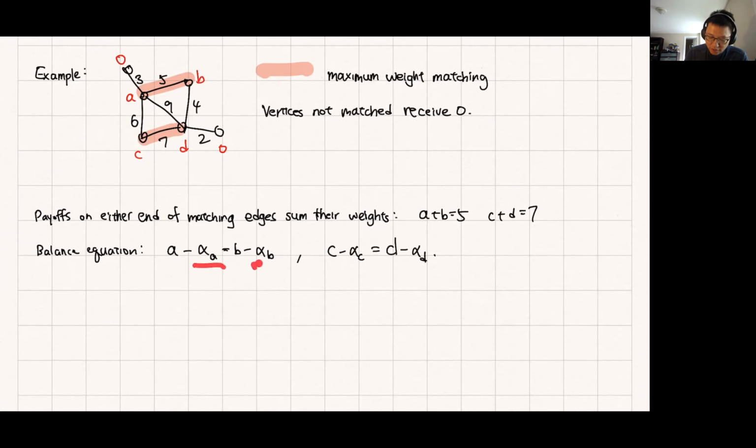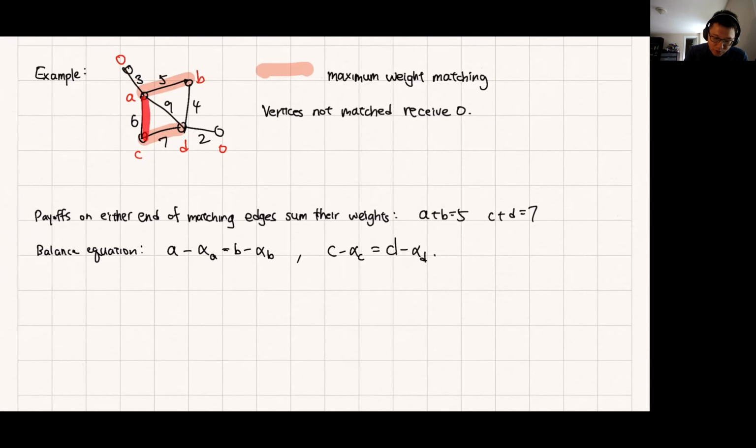Right. And this is where things get a little bit tricky, right? Because these outside options, they do depend on the values of A, B, C, and D. Okay, so if you look at A, for example, you can get outside options from here, here, or here. And so there are 3 places where you might get outside options. Okay, this one is always going to be 3, right? So there's no question about that.